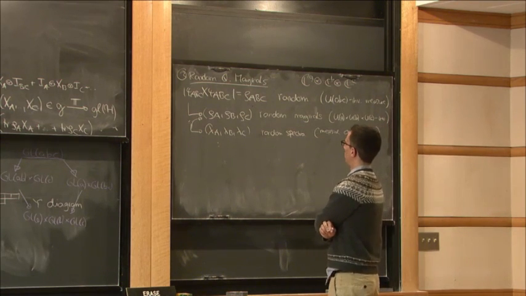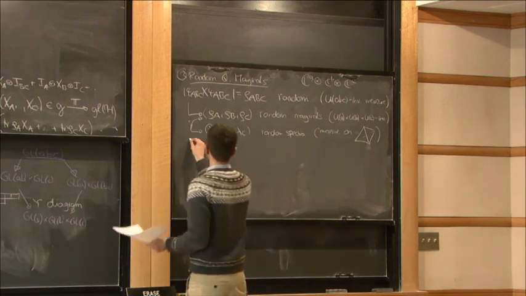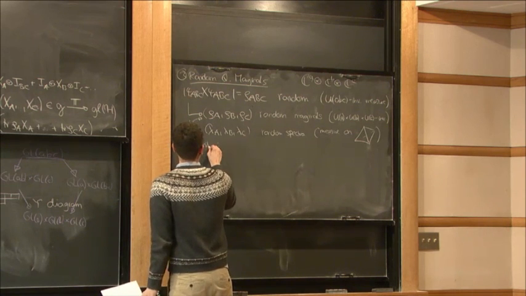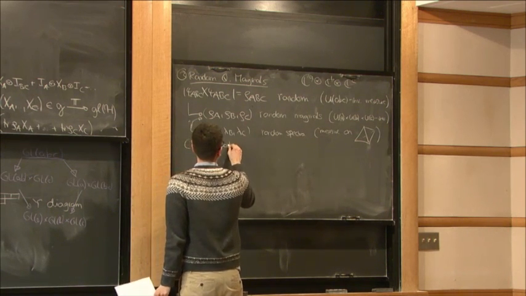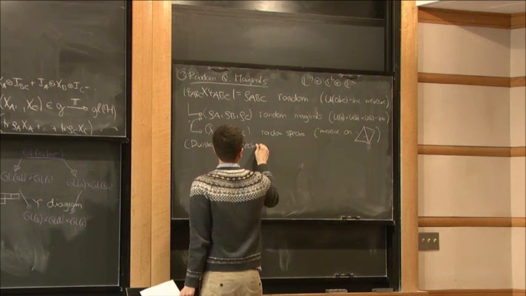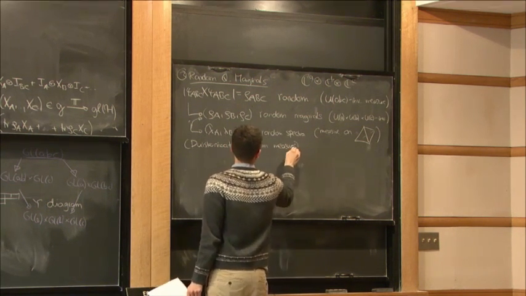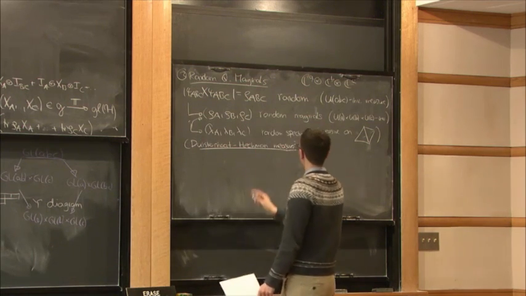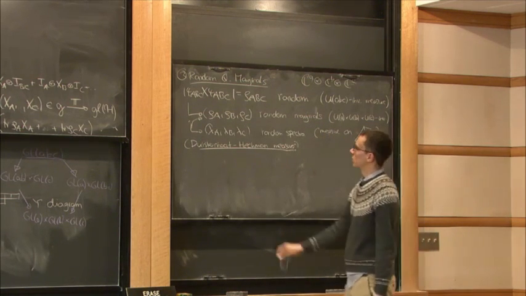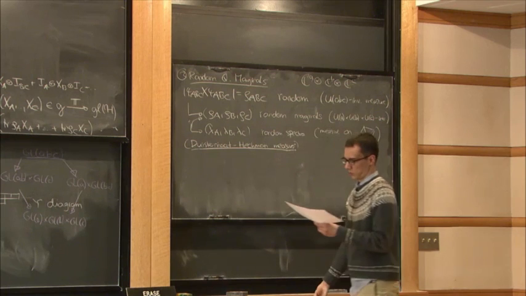Maybe I should also say that these measures are called Duistermaat-Heckman measures in the literature. They have been studied quite a bit, but not for this representation. So this is the general framework that we use.